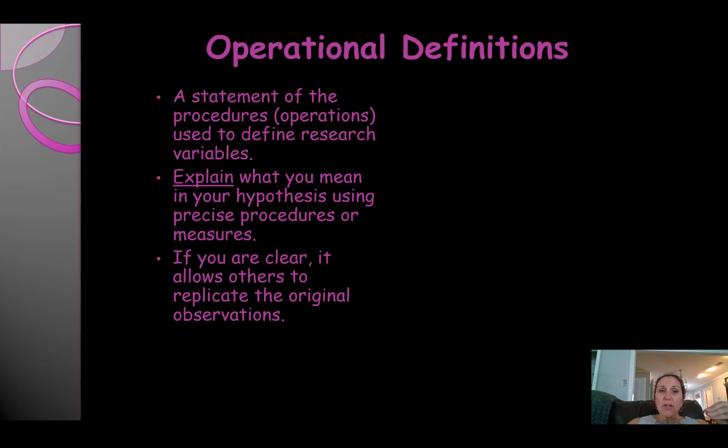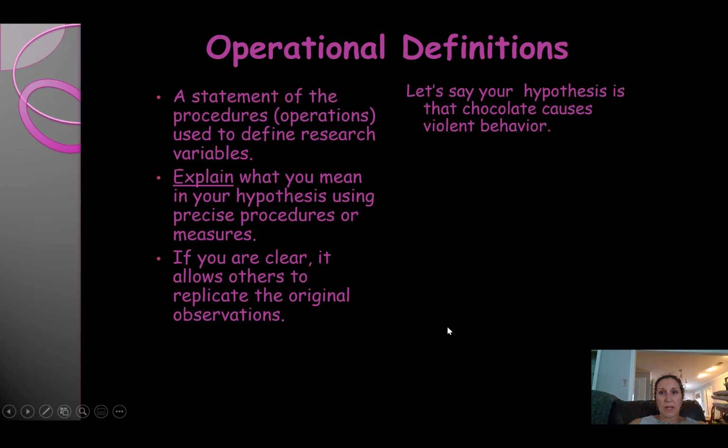You have to be clear, so that others can replicate. Because if you remember back in the day in biology class, you talked about the scientific method, and we really talked about that other people have to replicate your experiment. So you must be clear on what exactly you are doing.